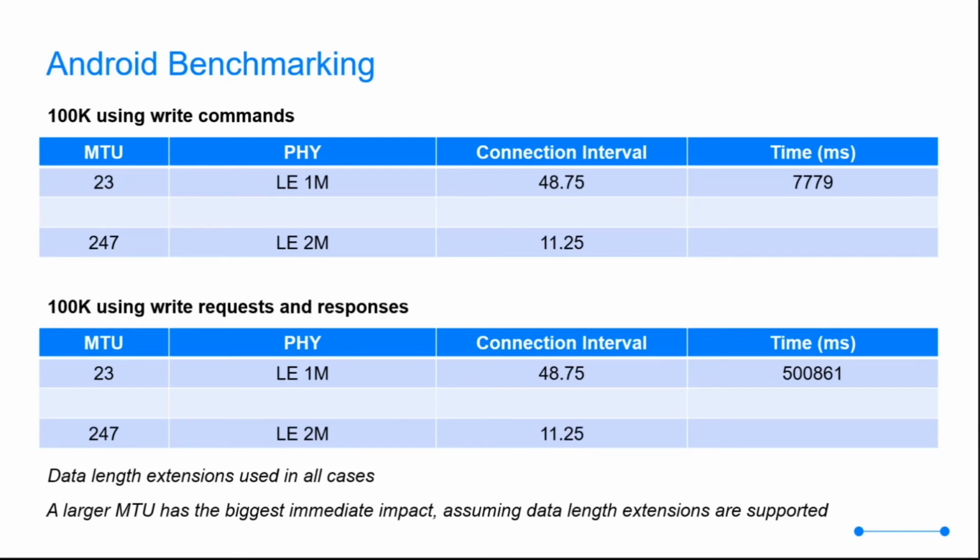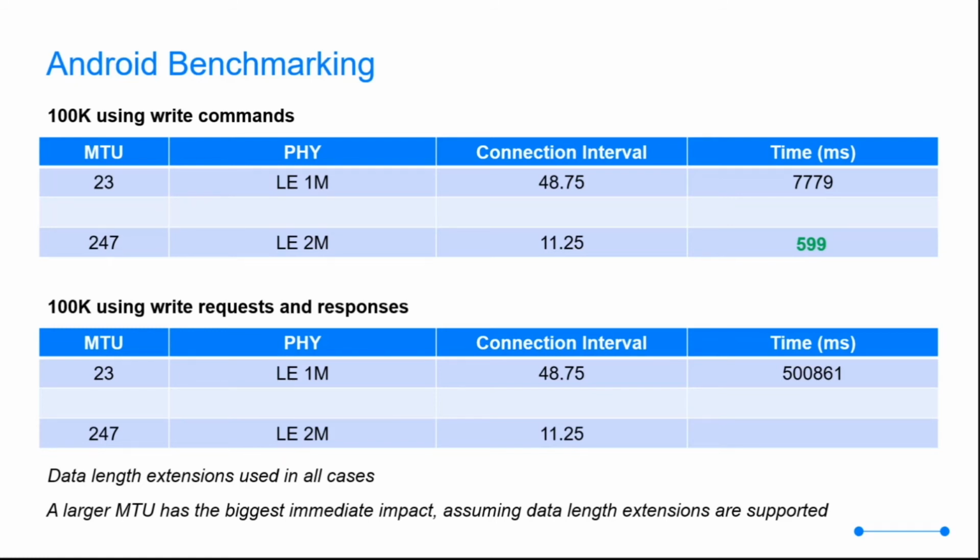I was using the 1 megasymbol physical layer symbol rates, and I was allocated a connection interval which I was able to see to be 48.75 milliseconds using my protocol analyzer, and consequently it took nearly 8 seconds to transfer my 100K of data to the other device. Now, when I took control using the Android APIs and chose a larger MTU size, selected the 2 megabit per second symbol rate, and chose the shortest connection interval available, I was able to reduce the elapsed time down to just over half a second, which is a huge improvement, as you can see.